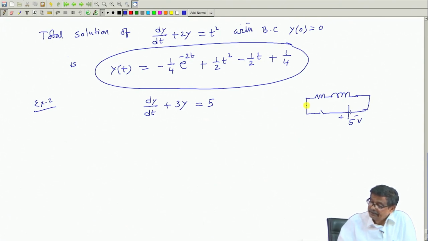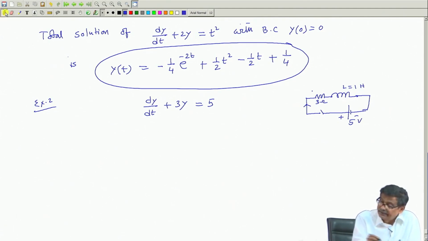Suppose the current in the circuit, I am telling y, or I will write it I. Let us write I.